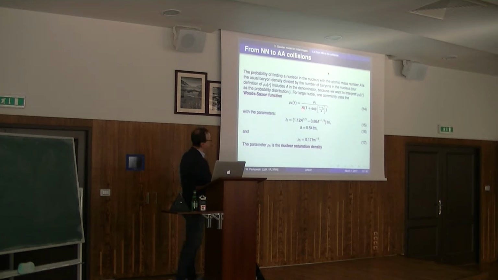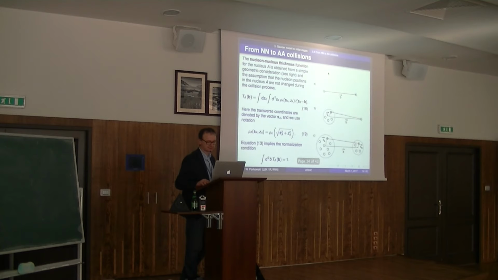I divided everything by the atomic number, so A is in the denominator here because I want to interpret rho also as a probability distribution. So these are some standard parameters for the radius, for the skin, and so on, with typical nuclear saturation density. So this is a standard thing.